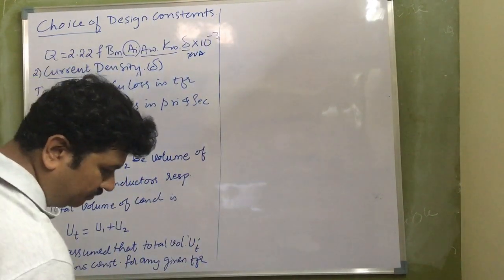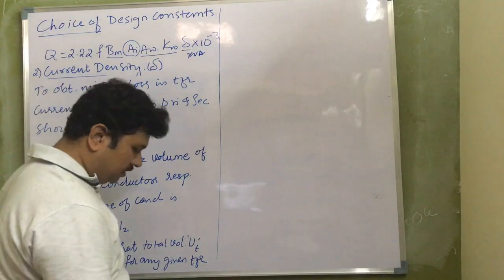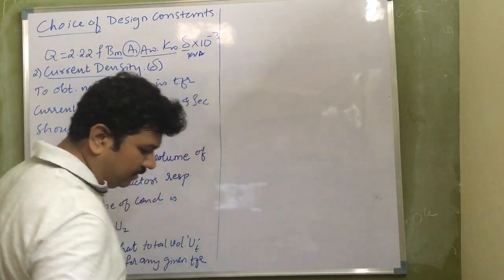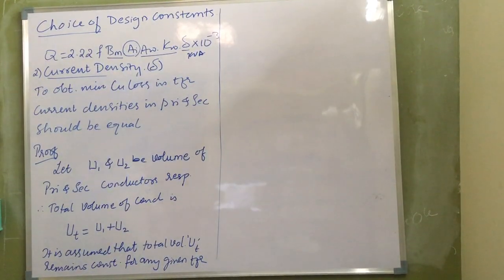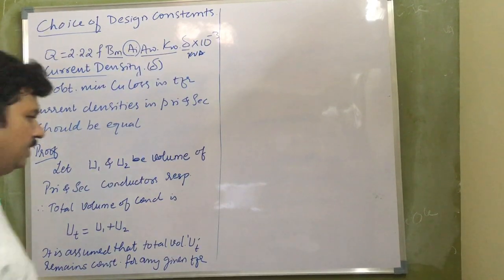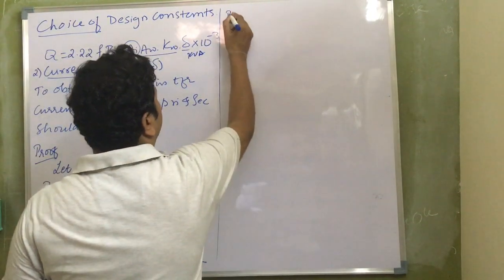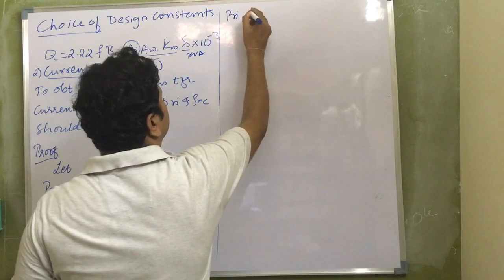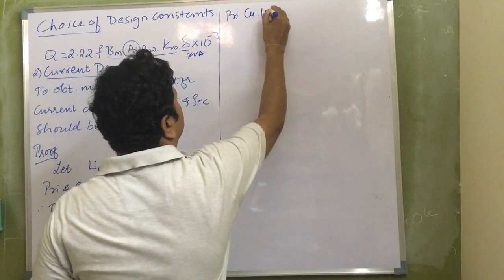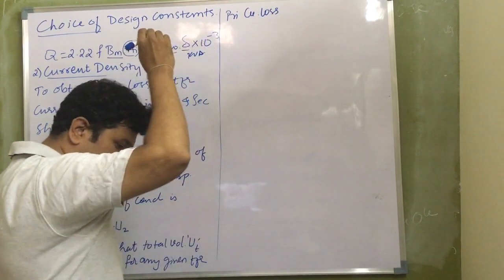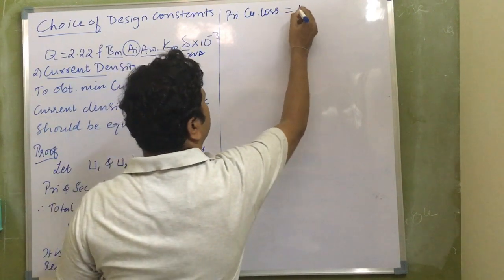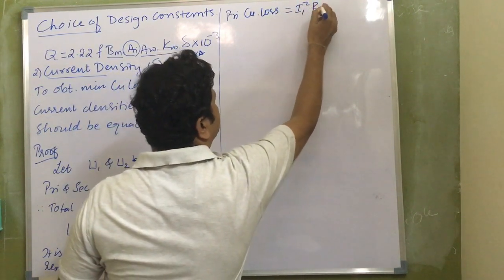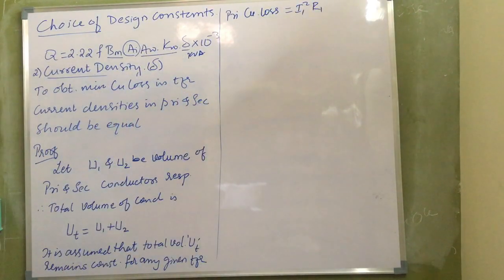Next, I have to find out what are U1 and U2, the copper losses in primary and copper losses in secondary. Say primary copper loss. Primary copper loss is equal to I1 square R1.